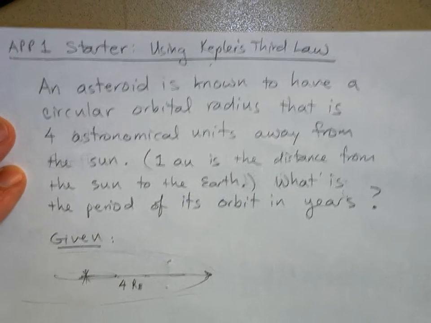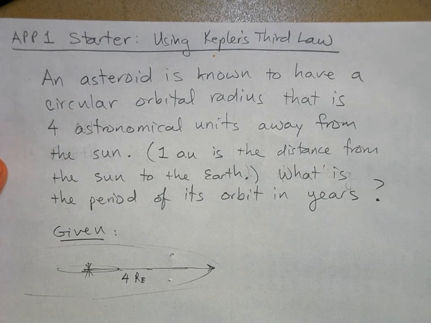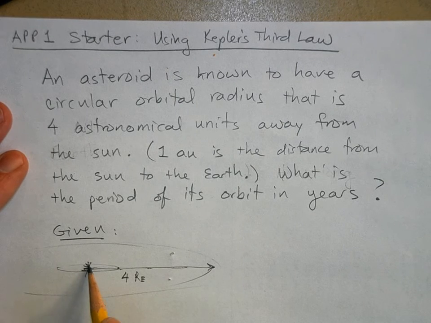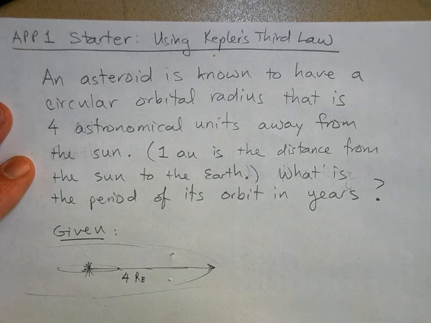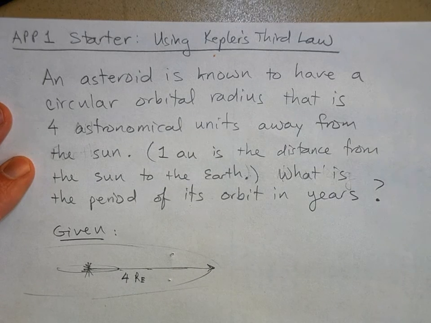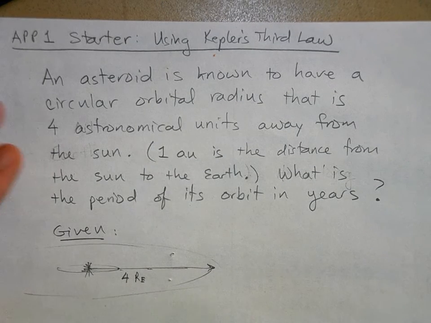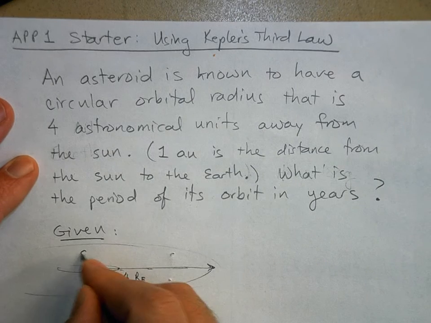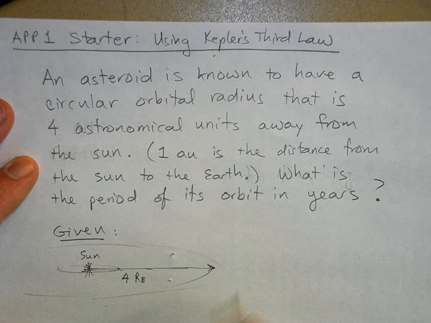And that's not the radius of the Earth, that's the radius of Earth's orbit, so make sure you keep that in mind. And that's all we're given. And it's a circular orbit and so on. So this is the sun, and that's 4 times.